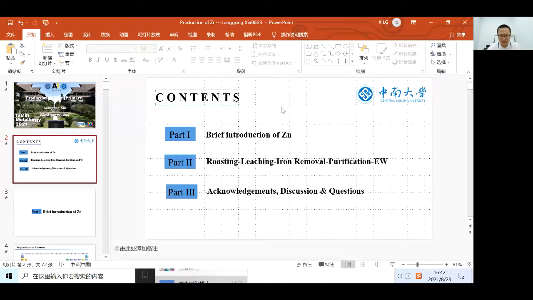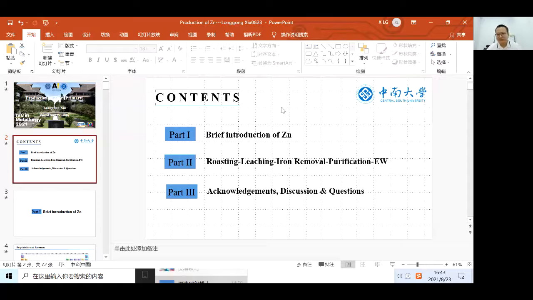They are optimized from the industry, and we can also have those optimized parameters in the lab, enlarge them in the pilot scale, and after that apply them into practice. So the leaching system, temperature, liquid to solid ratio.